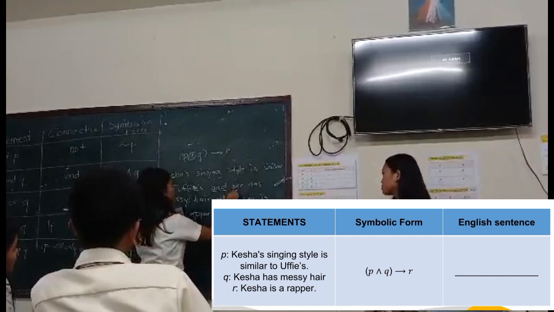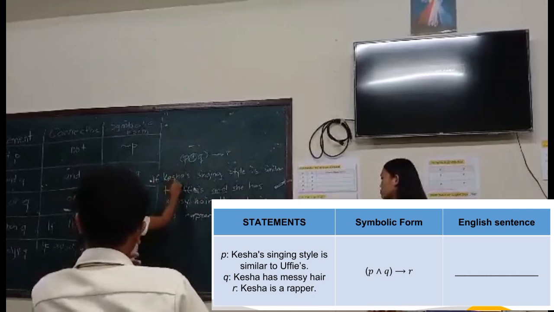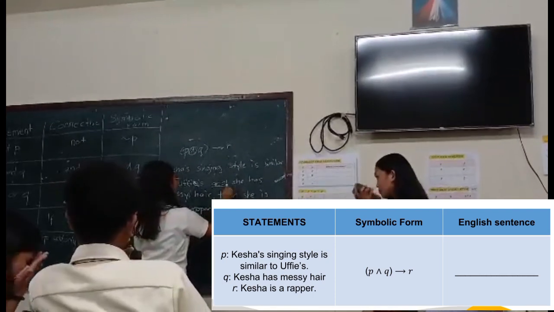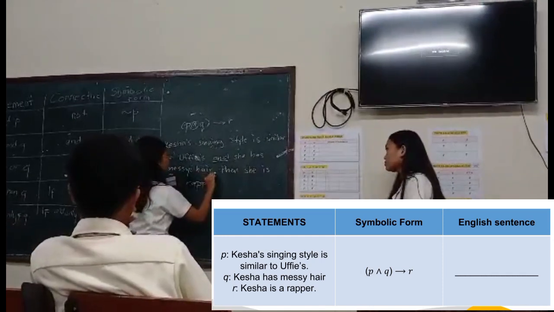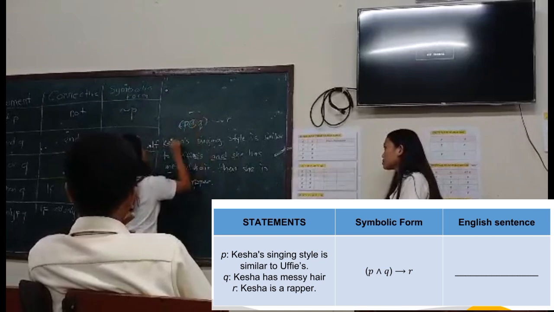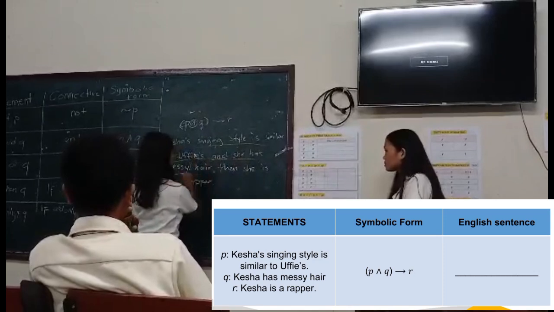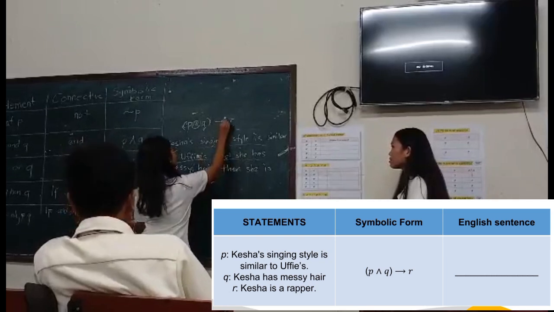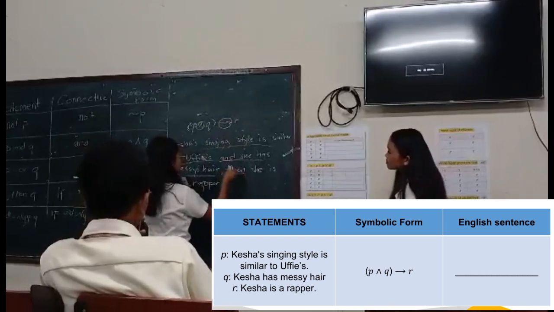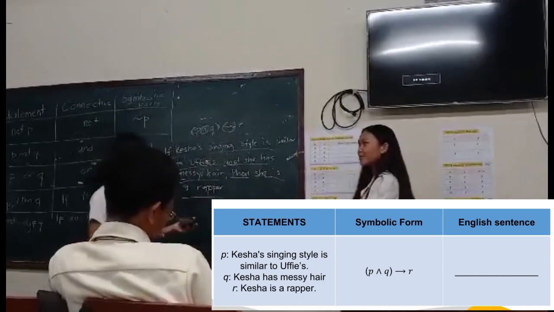Pero hindi na natin gagamitin yung word na Kesha, so ang gagawin natin is yung pronoun na she. She has messy hair. Kasi ito yung comma natin na magpapresent na ito yung group. Gets naman, di ba? Tapos, then, she is a rapper.